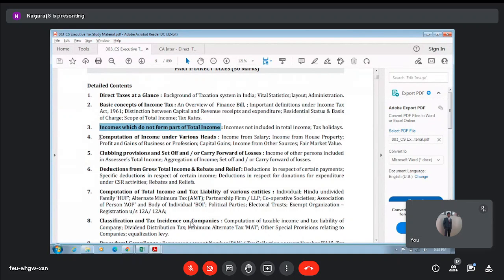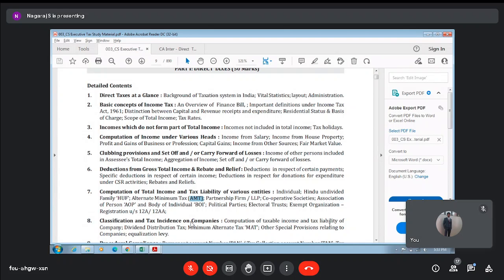Heads of income, I completed: salary, house property, PGBP, capital gain, income from other sources. 5 heads. Clubbing, I did not do because it's easy. If you read, you can understand. Set off and carry forward, I did because it is a little complicated one. Okay. Deductions, I completed. Computation of total income under that, AMT, I completed.